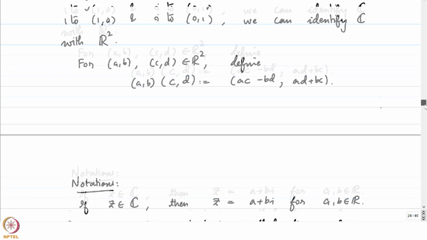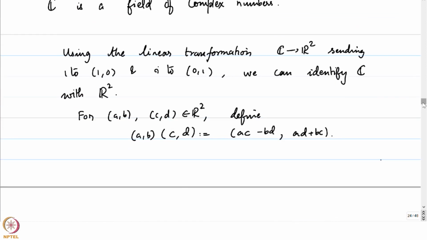Oh yes, I should have mentioned it here itself. The vector space R^2 is something which you might be very familiar with. It's the plane which we are usually accustomed to, and we are familiar with the geometry there.